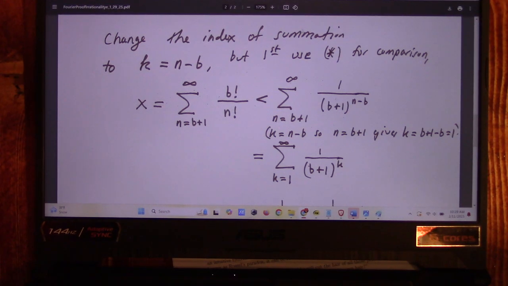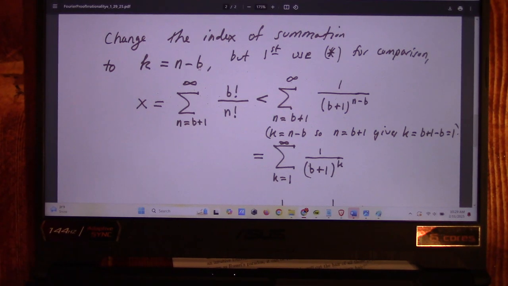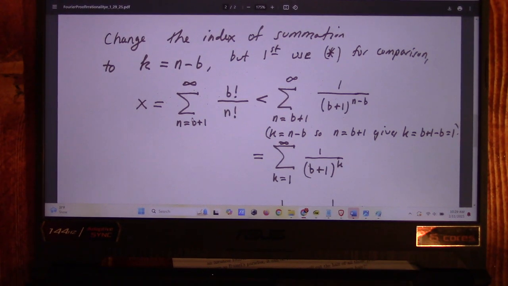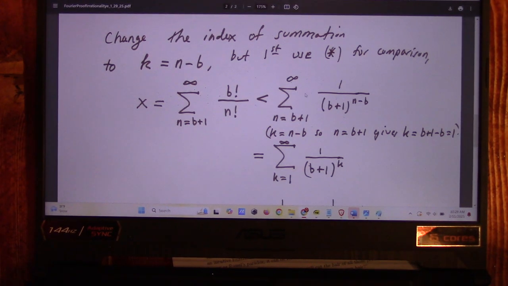So let's see here. If we have k equals n minus b, then we can change the index of summation from this to that down here, so n equals b plus 1. First of all, that's the star estimate for a comparison. So you have the sum of positive terms, which is bounded above by this other sum of positive terms by the comparison test.